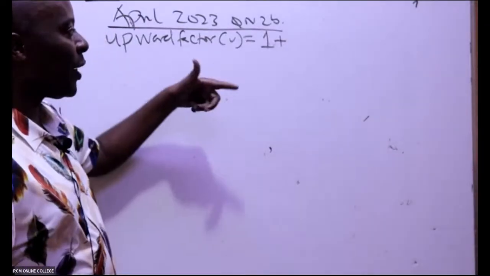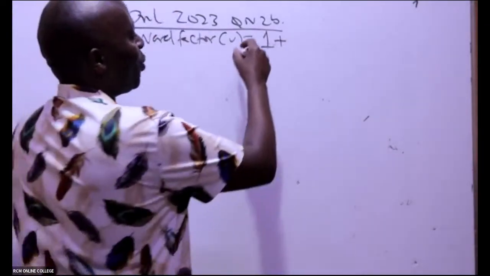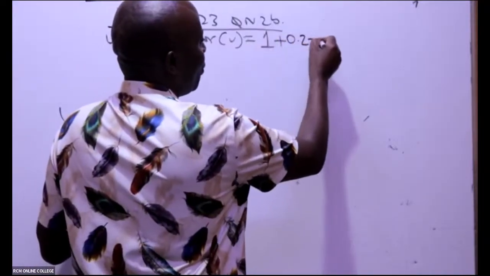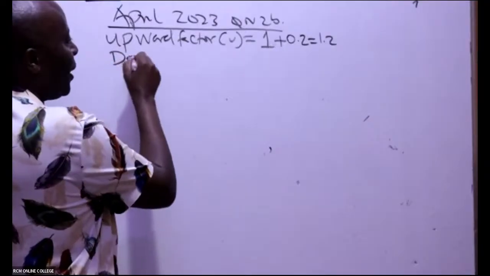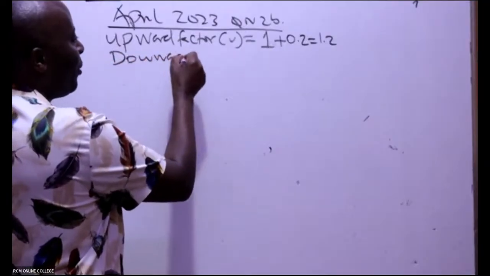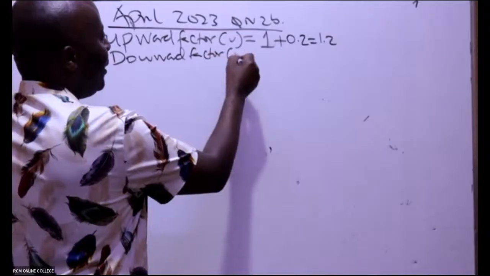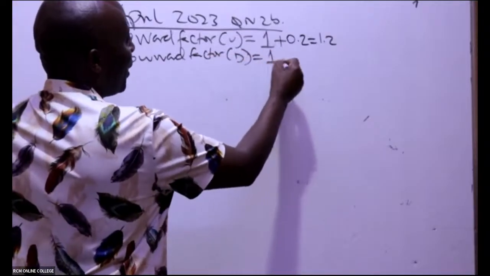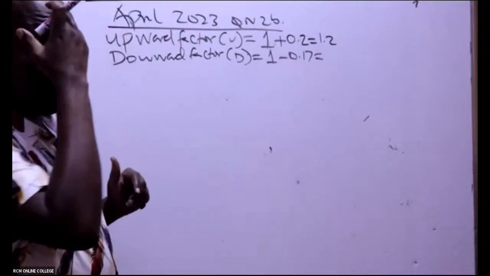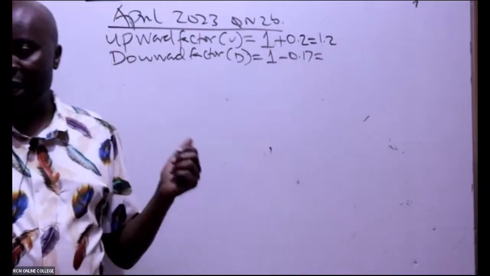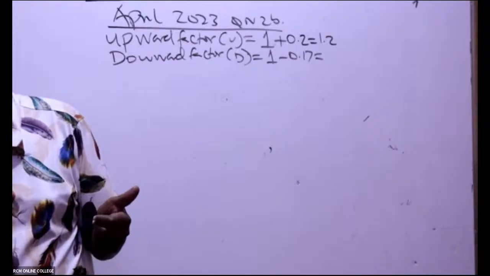So the upward factor U is 1 plus 0.2, which will be 1.2. And then we have the downward factor, D. In this case, the price is going down by a whole 17%. So then our D will be equal to what here, somebody?